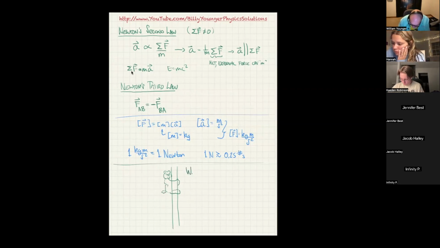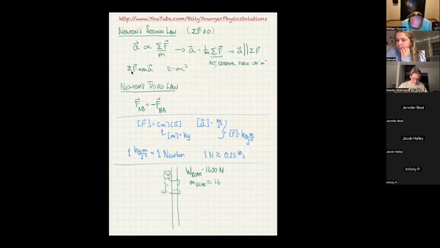And the weight of the bear is in fact going to equal 1,600 newtons. Really, really big. Of course, that's about 400 pounds. Now, the mass, which will explain the difference between weight and mass later, but right now I'm going to tell you the mass of the bear is about 160 kilograms.